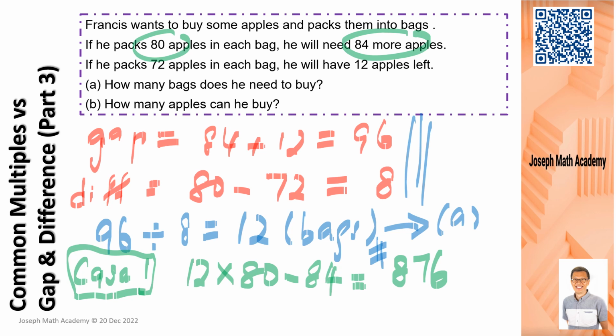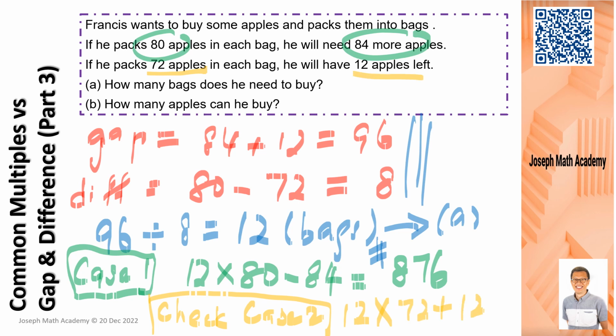Okay? Now, I must check. So I check using case 2. 12 bags, each 72, excess 12. I still get the same number. So, part B is found.